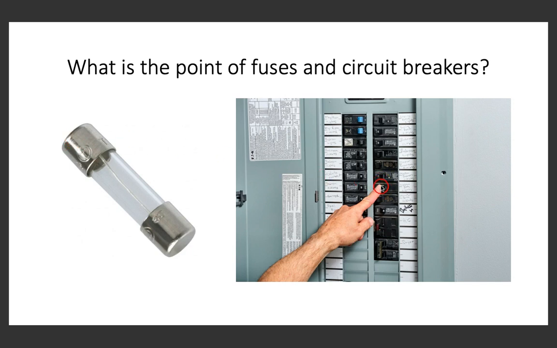Circuit breakers are reusable, though. If a circuit breaks, you just flip the switch and the circuit is completed again. Now, of course, if a circuit breaks in your home, you should figure out what the problem is because something has gone wrong. There's too large of a current somewhere in your home. But yeah, circuit breakers are reusable, fuses aren't. When they blow, you need to replace it with another fuse.